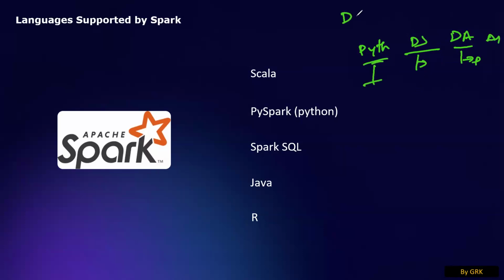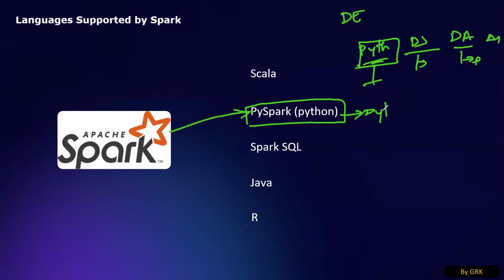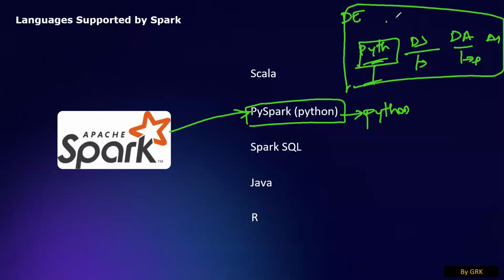So if data engineering can also be brought to the Python world, that would be much easier. PySpark plays that role. PySpark is a Python module which brought Spark to the Python world. As all the other data-related things are on Python, even data engineering has come to the Python world now, which is very compatible with the other things. So we are going to learn PySpark only. 90% of organizations will ask for only PySpark.